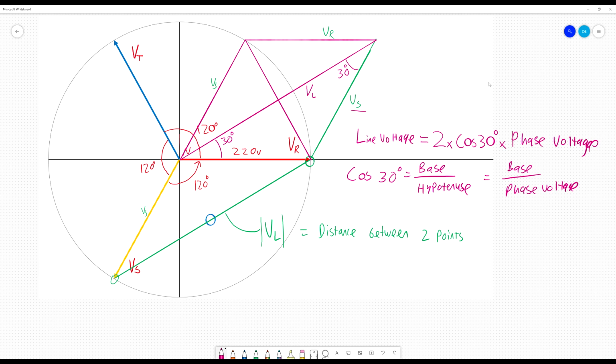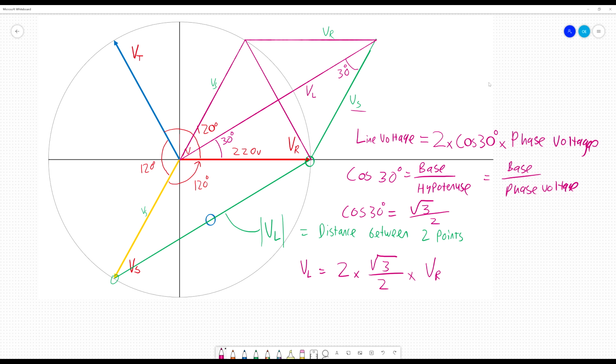If I put cos 30 into my calculator, it will tell me something interesting. It will tell me that it is the square root of 3 divided by 2. So if I alter this, VL for line voltage is going to be 2 multiplied by the square root of 3 divided by 2 multiplied by the phase voltage.